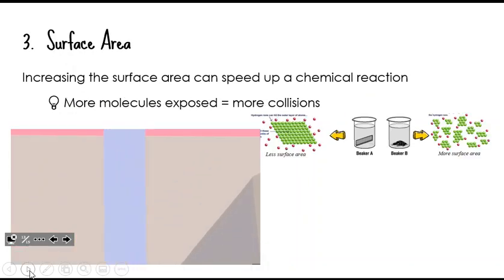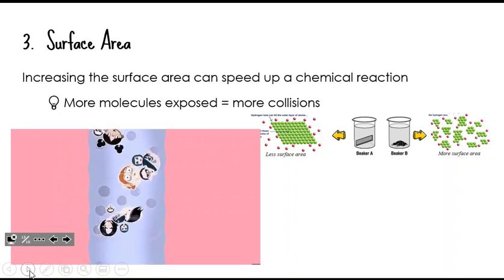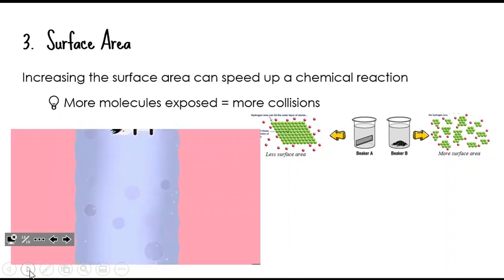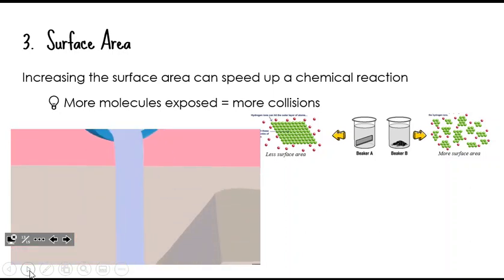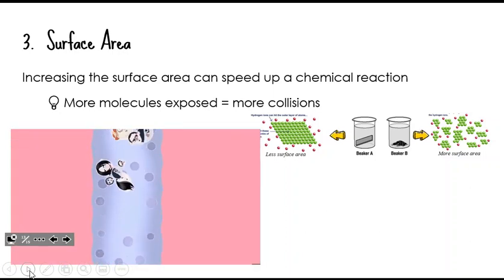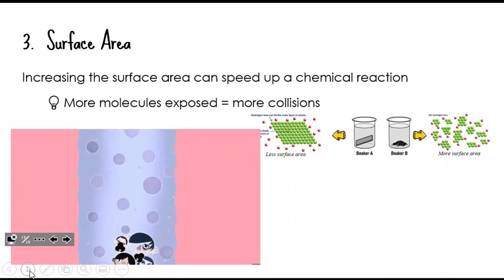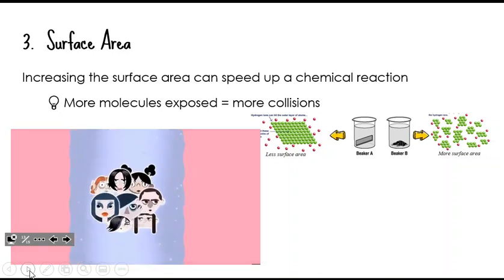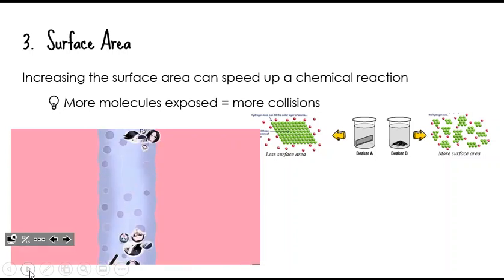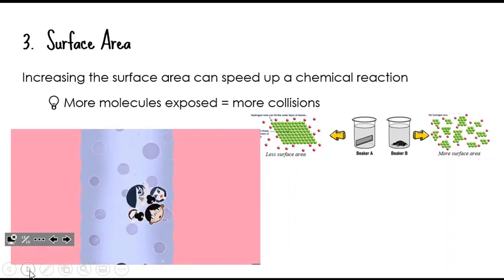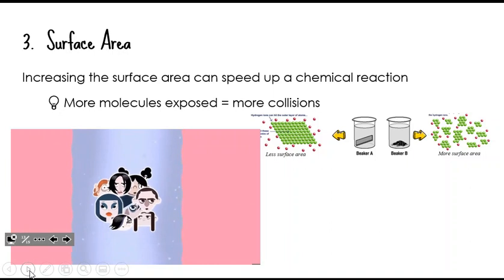All right, surface area. Here you can see the GIF that shows part of the video, showing that the students shouldn't travel in packs. We want to expose as many particles as possible so that they can collide more. So a chunk of material versus powdered material definitely makes a difference in how fast it's going to react.